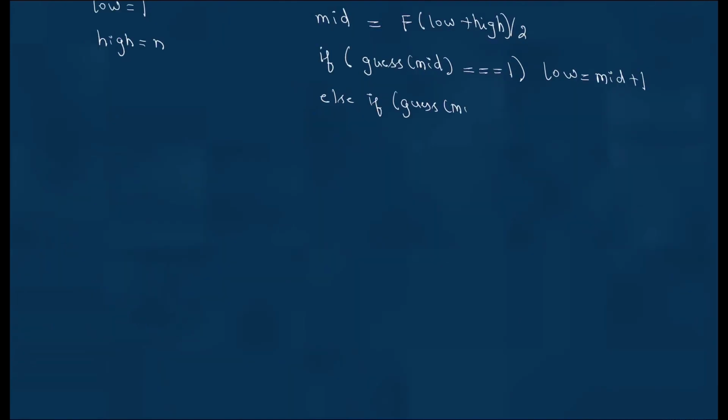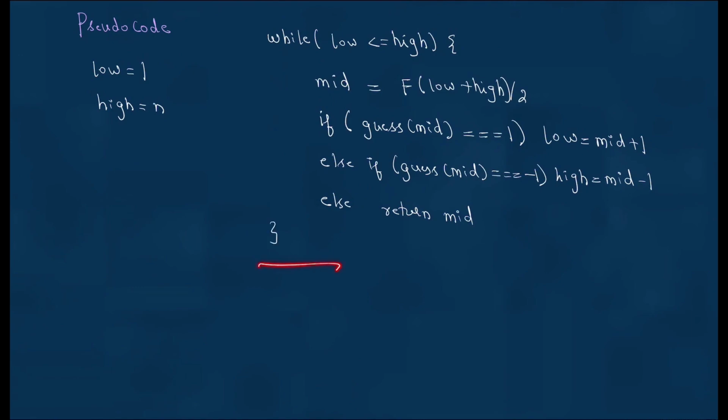Else if guess of mid is equal to -1, then the number we chose is higher than the pick, so we reduce the high pointer to mid - 1. Else, finally, we found the number and guess of mid will be equal to 0, so we just write else here. We return the midpoint, meaning we guessed the pick, and we close the loop. We don't need any condition outside, because within this loop the pick will be available, and at some point we reach this condition and guess the number right.